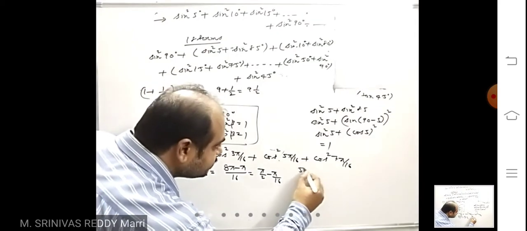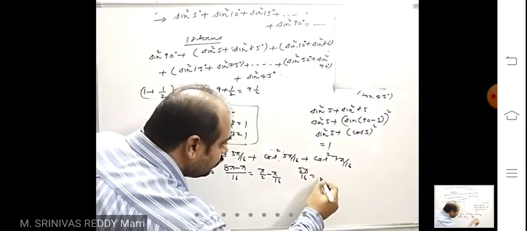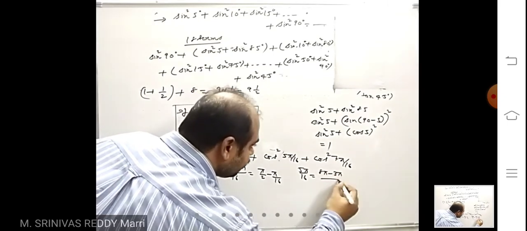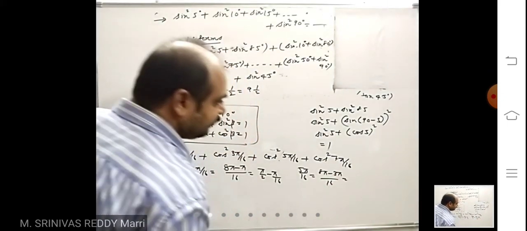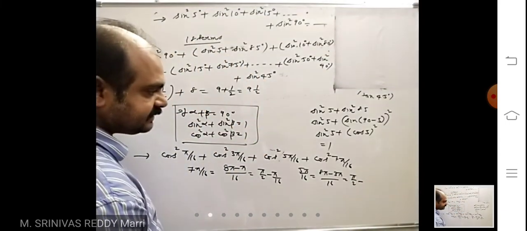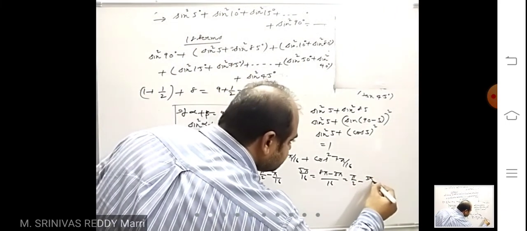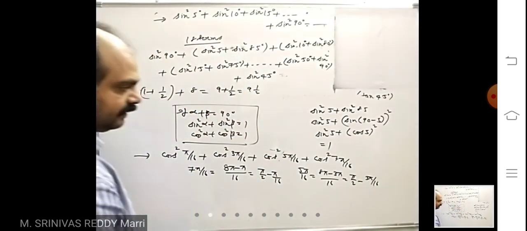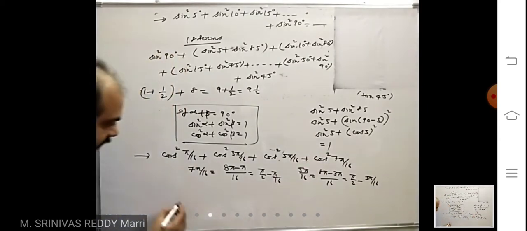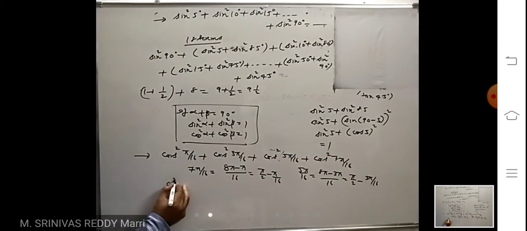Now 5 pi by 16, this I am writing as 8 pi minus 3 pi divided by 16. So 8 pi by 16 is what? Pi by 2 minus 3 pi by 16. That means this and this are complementary angles. Look at, first and last I am clubbing.